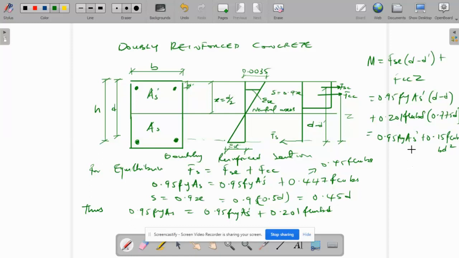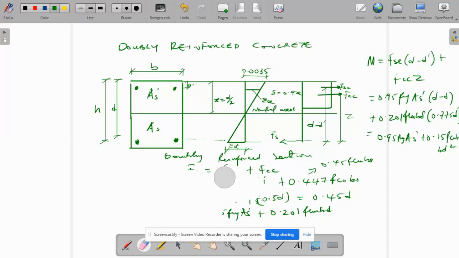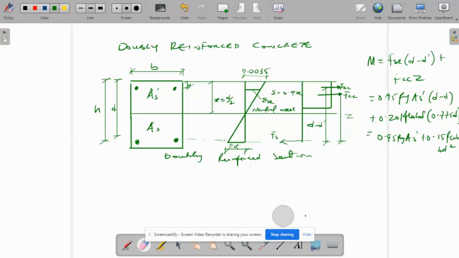The next thing we need to do is make As prime the subject of the formula. Let's wipe this so that I'll make the board neat. So we'll make As prime the subject.